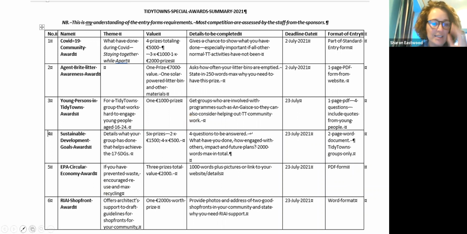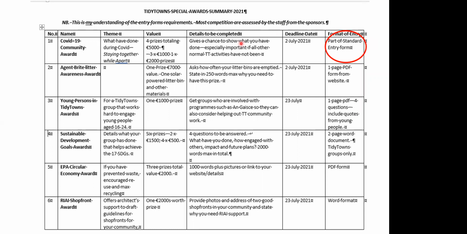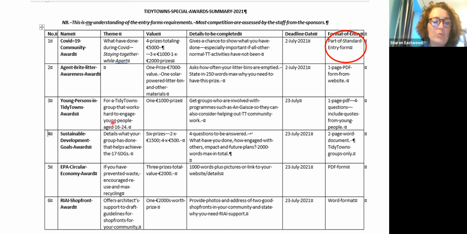So the new ones at the start, the one that Sarah just highlighted is the COVID Community Award. What have you done in COVID? It's very simple, it's part of the standard entry form. You don't have to do an awful lot, but there are some really nice prizes to be gained for what you can do.